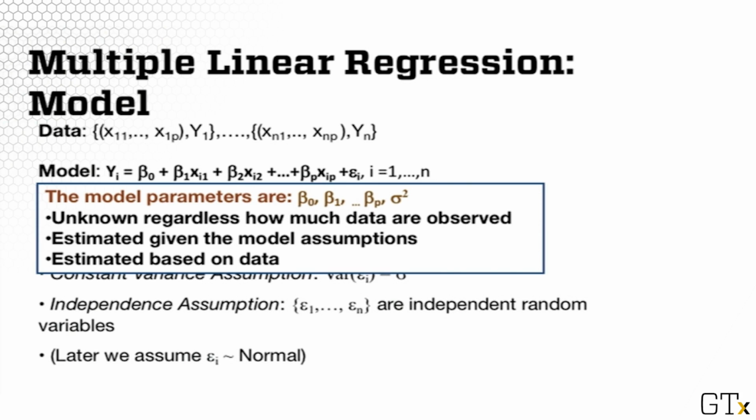I'll highlight that model parameters are unknown, regardless of how much data we observe. We will never know these parameters exactly, but we can derive some approximations or estimates given the data. The parameters will take different values if one uses different data sets.